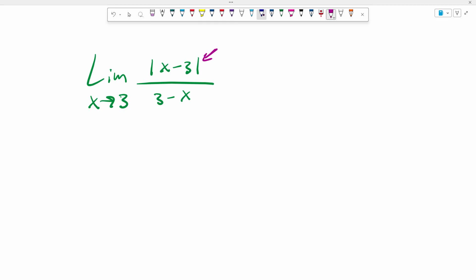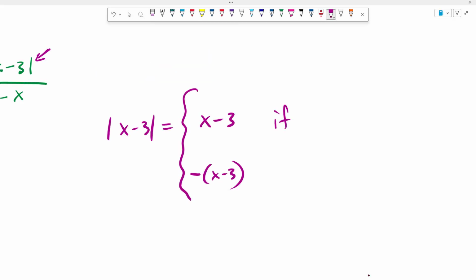Okay. Let's look at the definition of the absolute value of x minus 3. It's x minus 3 if x minus 3 is greater than or equal to 0.